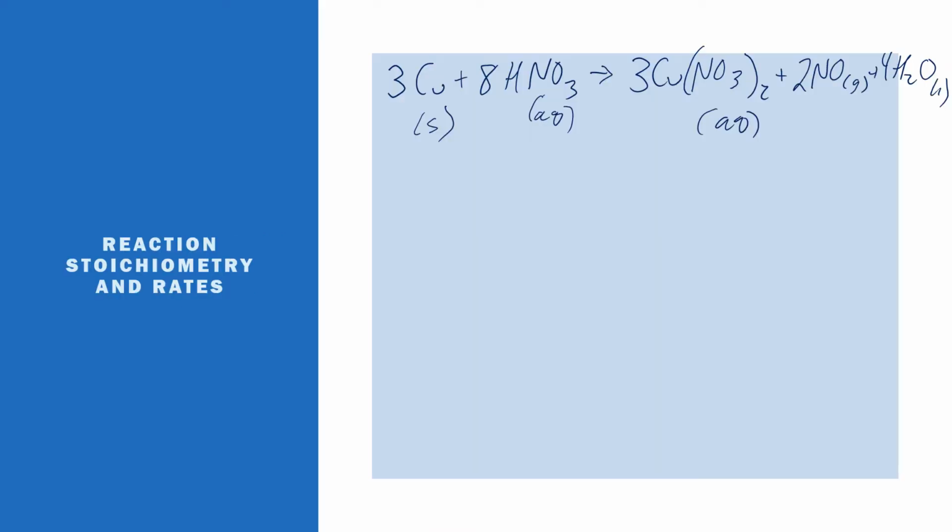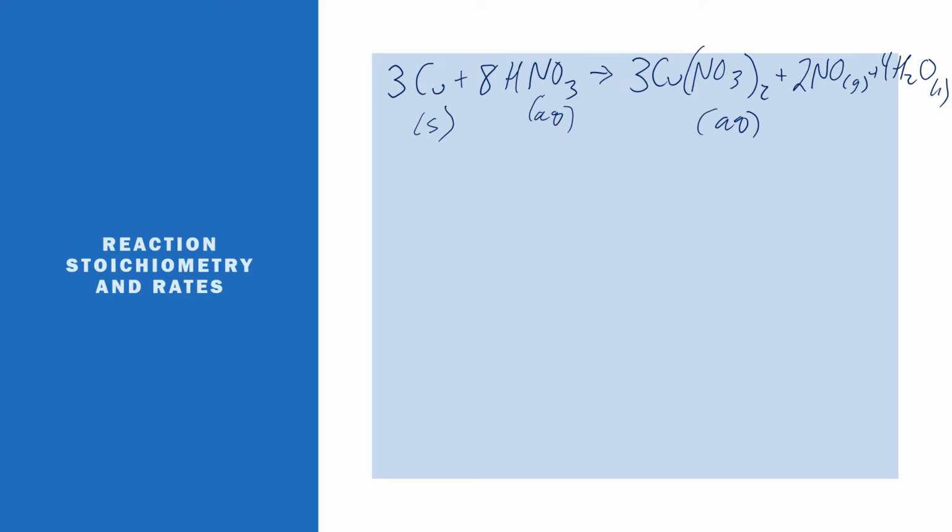Okay, if you know the rate of reaction or the rate of disappearance for one thing or the rate of appearance for a different thing, as long as you know one of those values, you can use the coefficients from the balanced chemical equation to calculate the rate of disappearance or appearance for another thing.